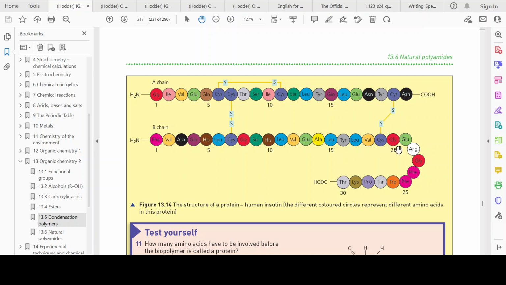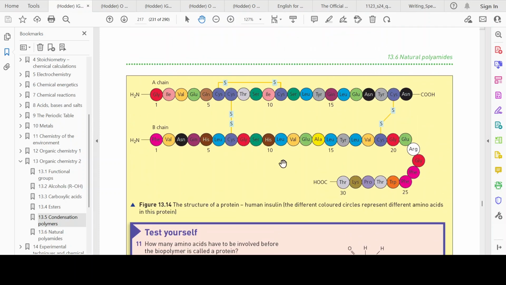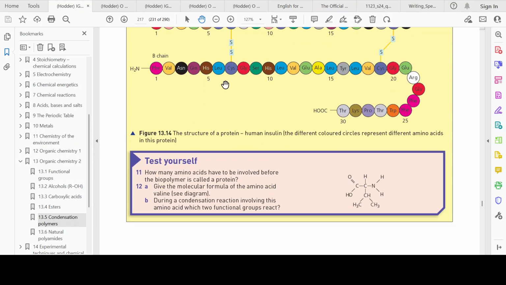When they're linked together, they form a certain structure, which is not part of your syllabus, so let's not go into that. But they link up together, and then together they form the protein. So that's a bit of technical know-how as far as polypeptides and proteins are concerned. Is that clear?